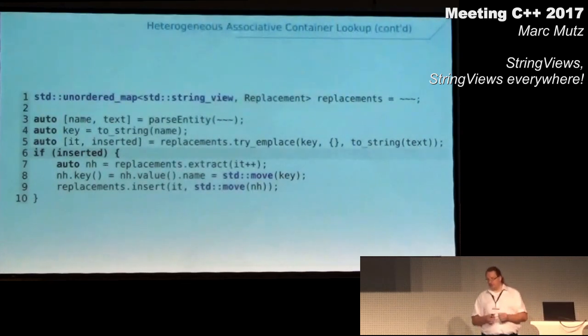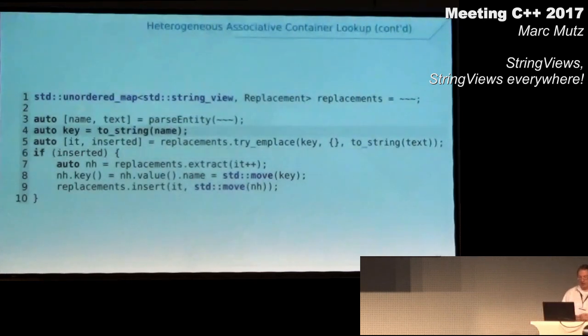The key now points to the wrong data. It points to the key we have here stored on the stack in line 4, and if it has SSO, the buffer that it points to is on our stack. And what we moved into the node and constructed there is another copy. So we need to fix that.